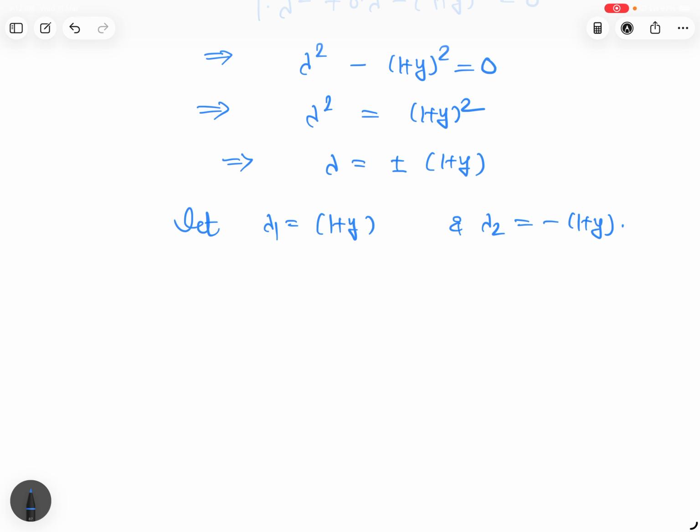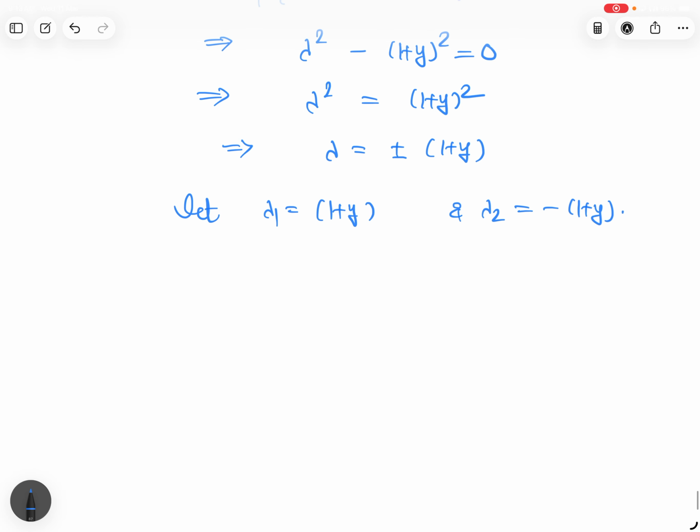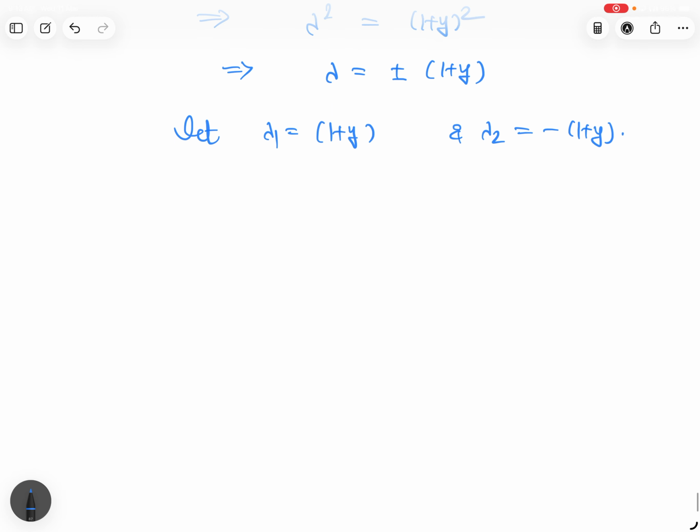Now we will obtain the characteristic equations.